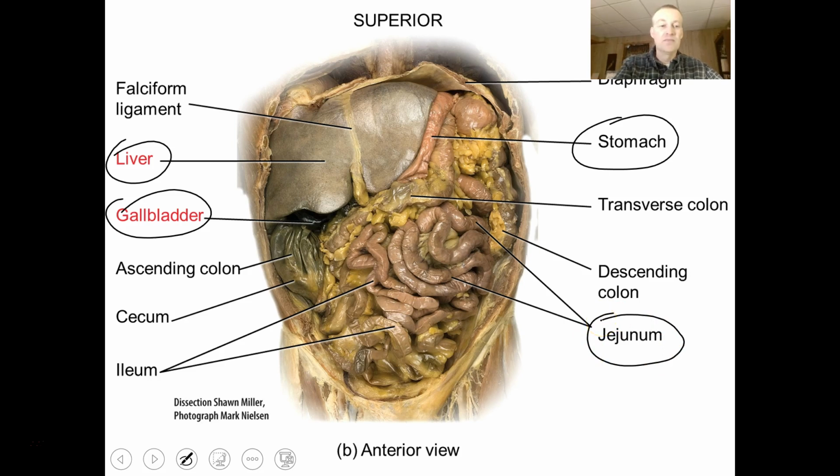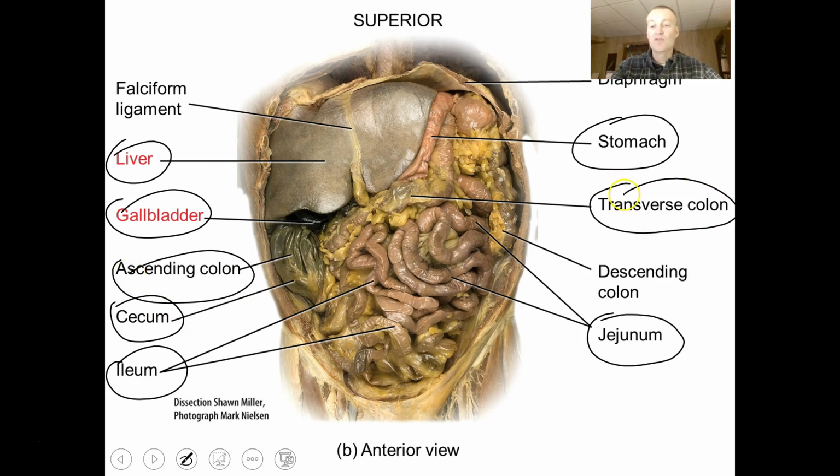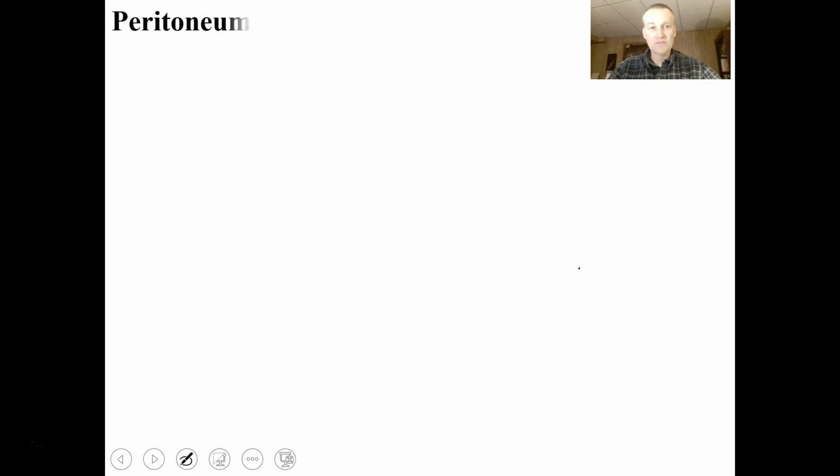Here's the jejunum, here's the ileum, and then you can see portions of the large intestine. Here's the cecum, the ascending colon, and then we can see the transverse colon, descending colon. So this is essentially what things look like, but there have been things that are taken away in regards to the coverings around these organs.